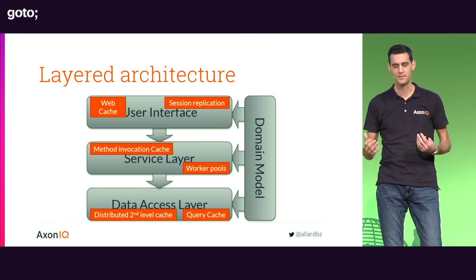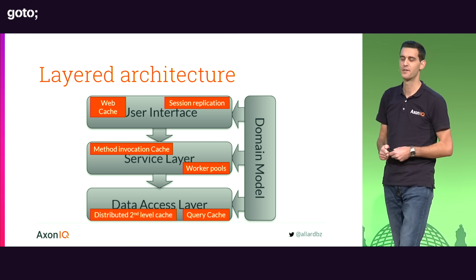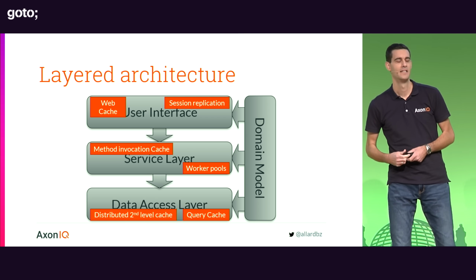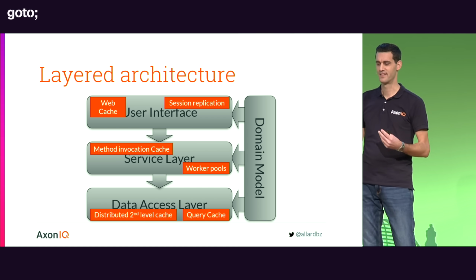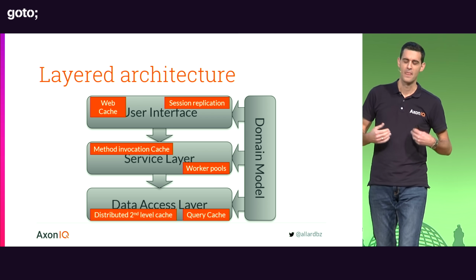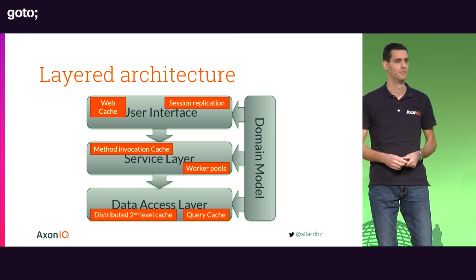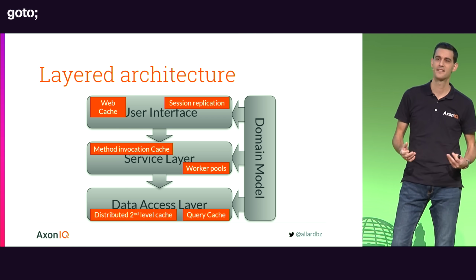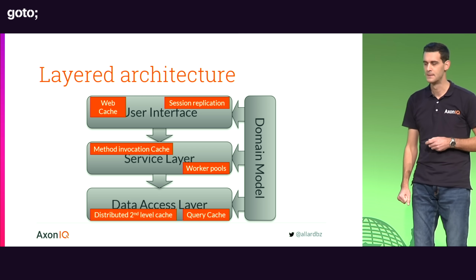They are very good at making something that works very well work faster, but they're not very good at making something that works problematically. Not even sure if that is an English word, but if there are problems in your application, a cache is not going to solve that problem. It's going to hide it and make it explode even harder when things go really wrong.